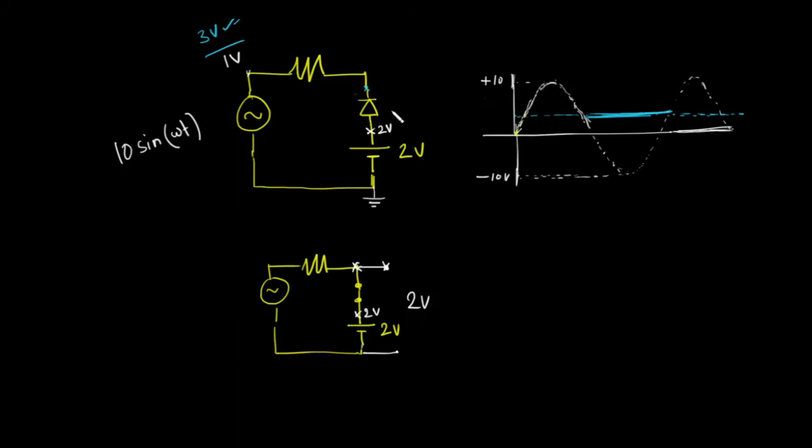Okay, so can the diode remain on now? No, it cannot. So if the diode cannot remain on, I can draw the circuit like this. The diode will become open circuit, and there will be the voltage source as before.